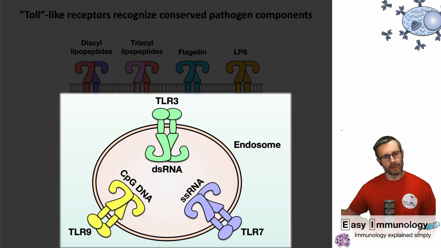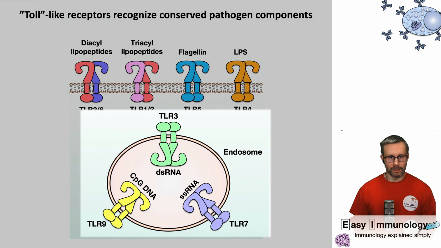For example, double-stranded RNA is something that doesn't exist in our replication cycle, but it exists in the replication cycle of certain viruses, and therefore the presence of large amounts of double-stranded RNA is a sign that the cell has been compromised and infected, and it needs to start a reaction to fight that pathogen.